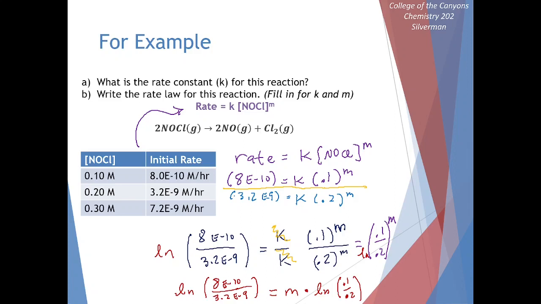All right, one last little bit of algebra here. We can solve for m, divide across so that we only have m on one side of the equation, plug it all into the calculator, and we can get our answer. m is equal to 2.